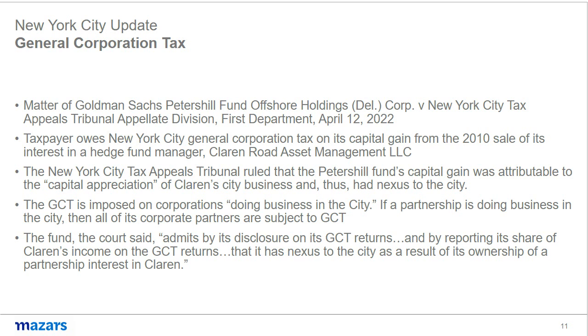So let's start with a discussion of the case that was handed down April 12th of this year in the matter of Goldman Sachs Petershill Fund Offshore Holdings.